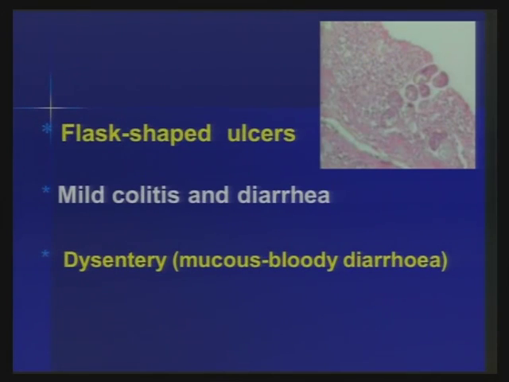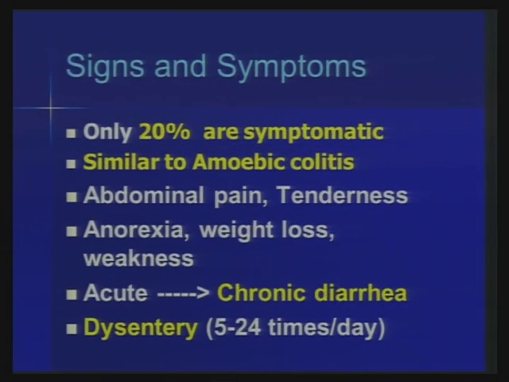See, they can cause colitis and diarrhea, and they can cause mucus bloody diarrhea. 20% are symptomatic, very similar to amoebic colitis. And there is abdominal pain and tenderness. And this is a non-specific GI symptom.